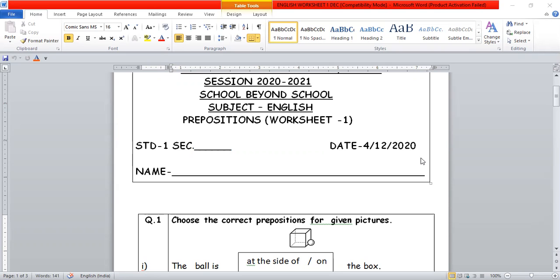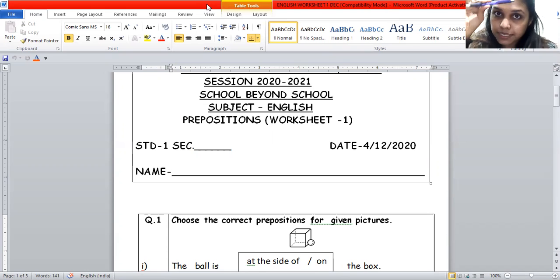All right. So, I have this book in my hand. As you can see, this is a copy that I have in my hand. Now, dear children, I have this pen which is also in my hand.